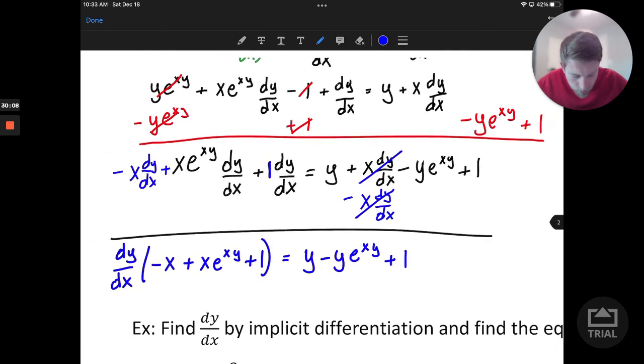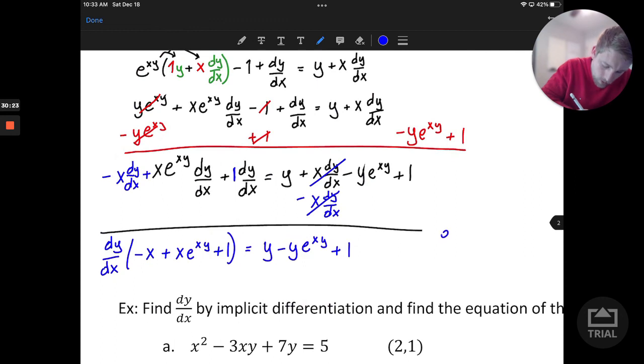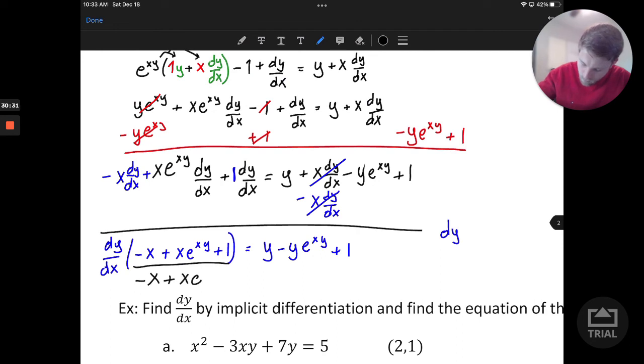Let's put these all back together. I think we're good to go here. So we are going to have, in the end, the dy/dx term. If I divide both sides, we'll have that dy/dx term with our function of x and y sitting right there.